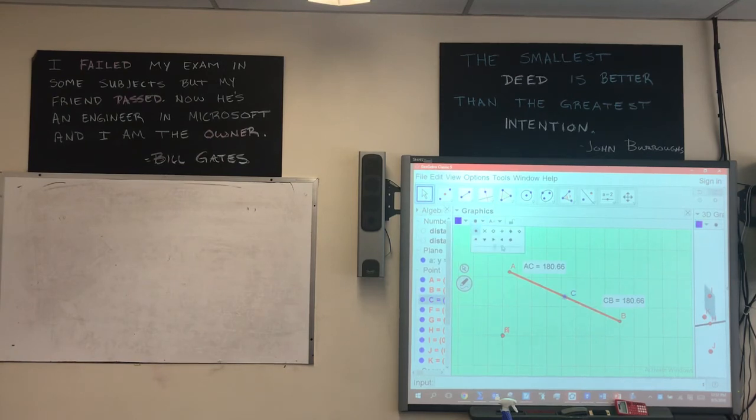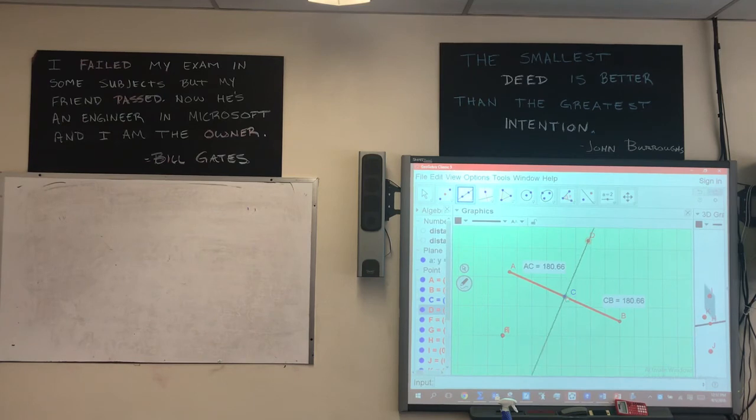So if that point is a midpoint, a segment bisector would be any type of shape that I mentioned, line, segment, ray, or plane, that goes through C. Would you agree that that line right there goes through C? So that black line is referred to as a segment bisector of segment AB.